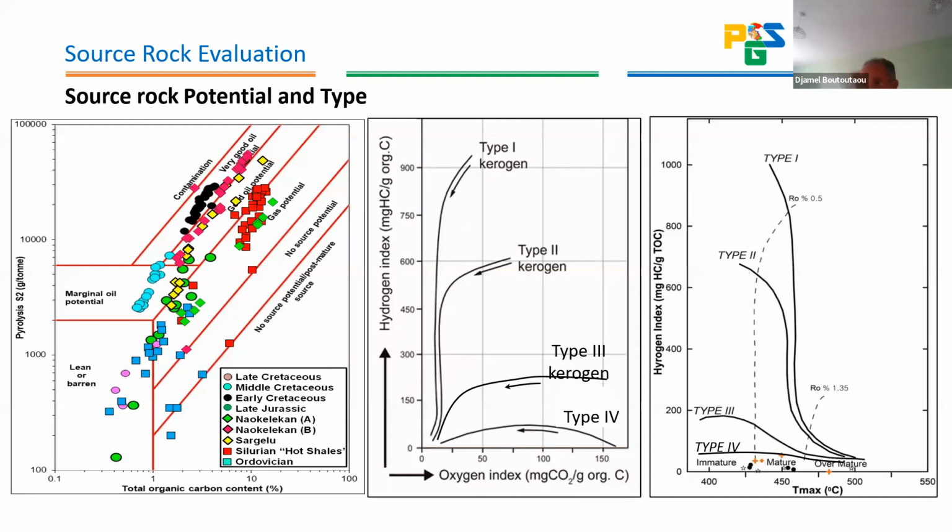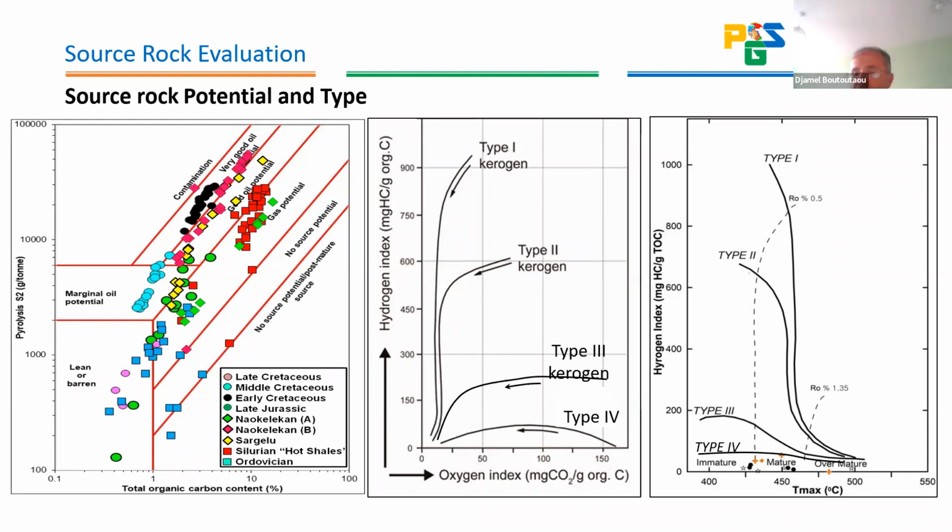If we start, for example, with a marine source rock, which has a hydrogen index of 600 milligrams of hydrocarbons per gram of TOC, when the source rock goes through different steps of maturity, enters the oil window and starts to generate oil, at that point the hydrogen index starts to decrease, because we are converting our kerogen, our organic matter, to hydrocarbons. And to produce hydrocarbons, you need carbon and hydrogen.